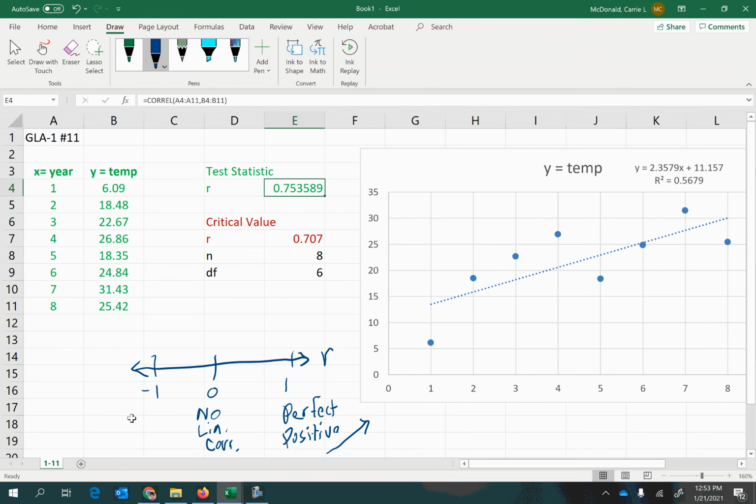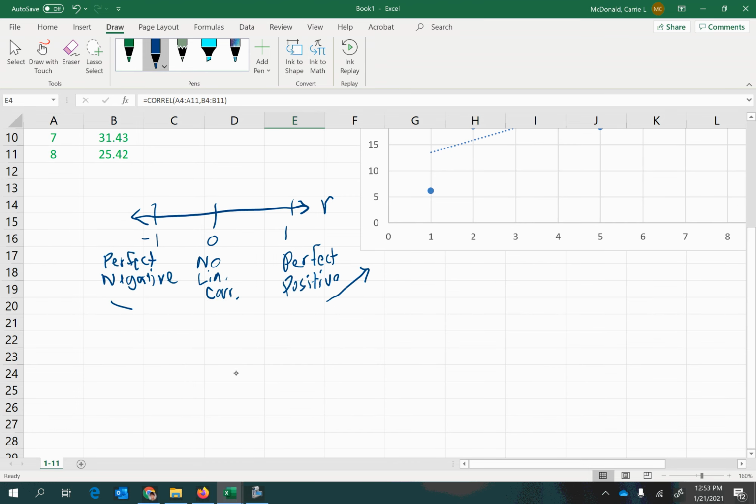Now, if you are close to -1, that is also perfect linear correlation, except negative, so that would be a trend going downhill from left to right. Again, please excuse my handwriting.